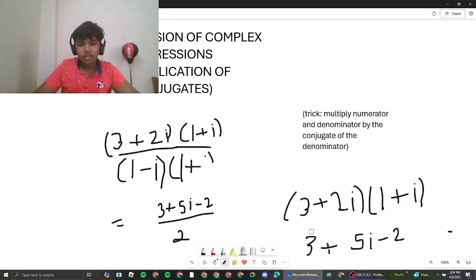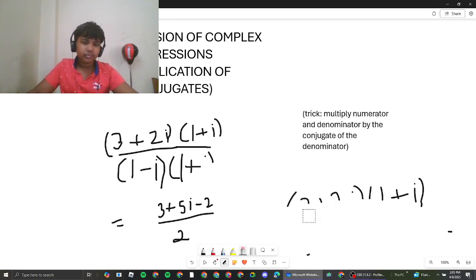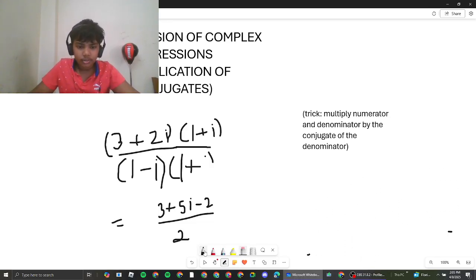Okay, now moving on from here, this has gotten pretty easy, because now let's divide each term by 2. First let's divide this by 2, then this by 2, then this by 2. What do we get?